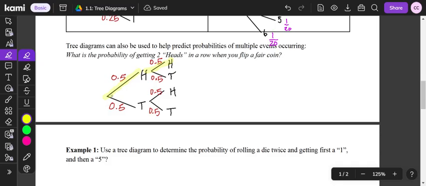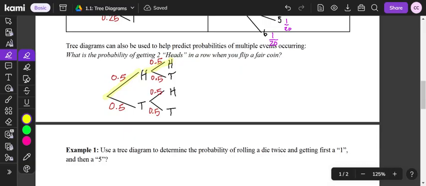The first heads had a 0.5 chance, and then the second heads had another 0.5 chance. So I had a 50% chance of getting heads the first time, and then a 50% chance of getting heads the second time. In other words, I need to figure out what is 50% of 50%. That's going to tell me the likelihood of getting heads twice.